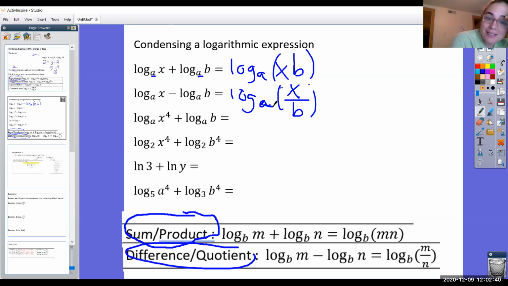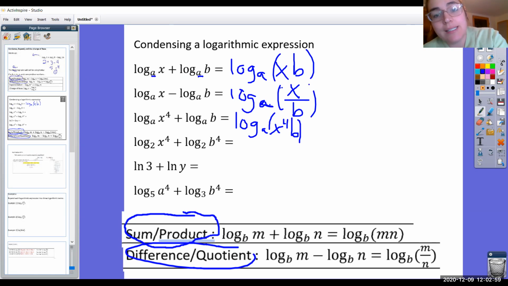All right, for this one, log base a of x to the 4th plus log base a of b, we're going to condense it as that. So it's the same thing. It's log base a of x to the 4th times b. And if we're condensing it, we can't really do much more without the 4th in this example.